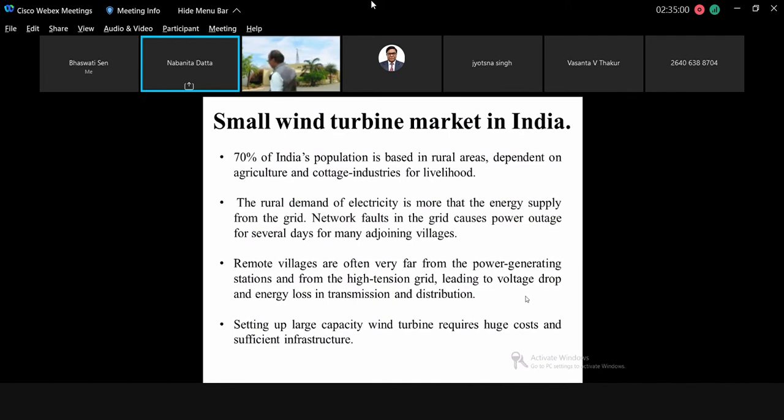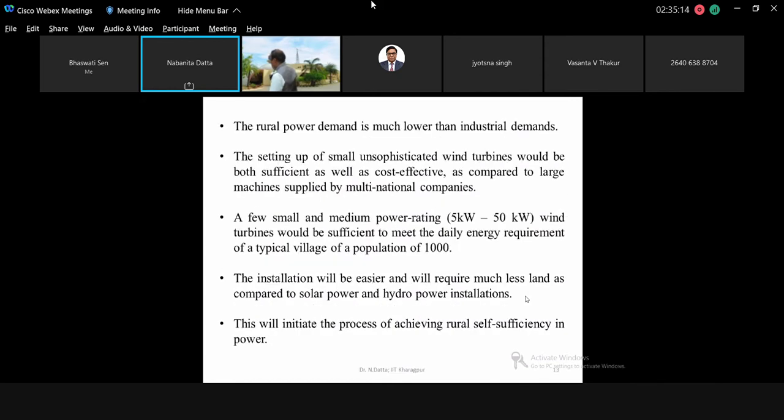for example, in the coastal areas, we will always be getting the sea breeze. We won't get maybe 10 meter per second, but we can get like 6 to 7 meter per second. So setting up large capacity wind turbines requires huge costs and at least some minimum infrastructure. So why not set up small unsophisticated wind turbines, which will be both sufficient as well as cost effective as compared to large machines.